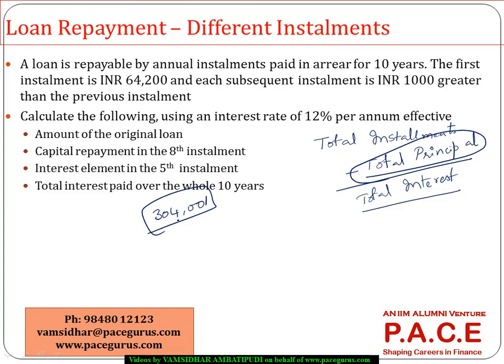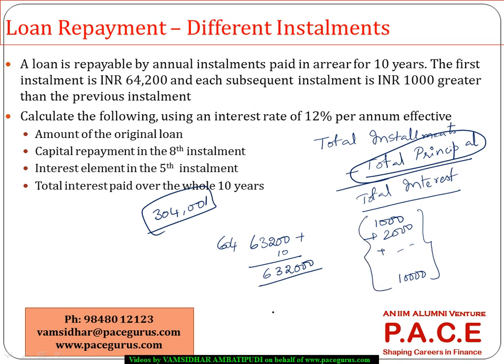Otherwise also, this addition is probably not a difficult thing, right? 63,200 has been added 10 times, so this gives me 632,000. On the other side I have 1000 plus 2000 plus so on. This is an arithmetic progression with 10 terms.